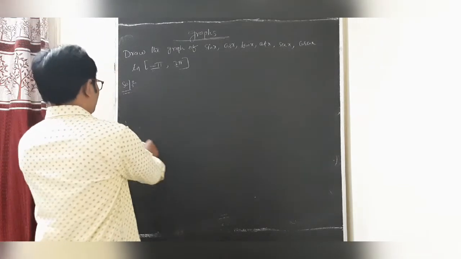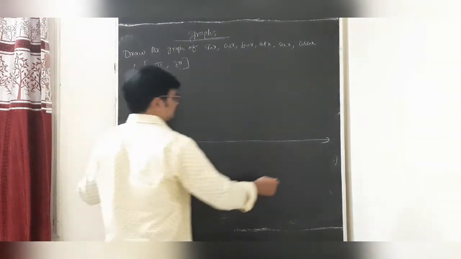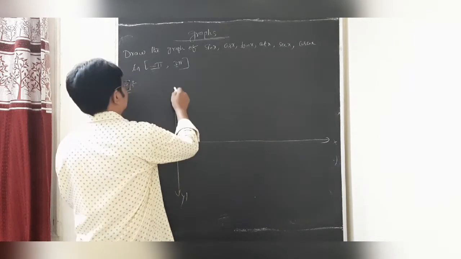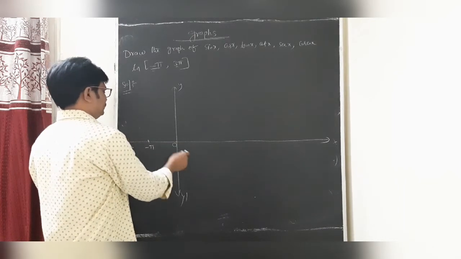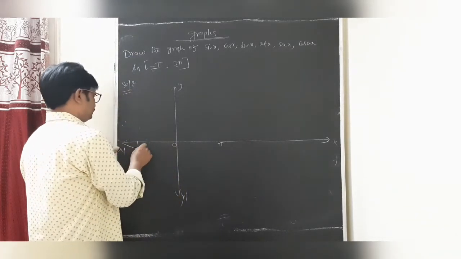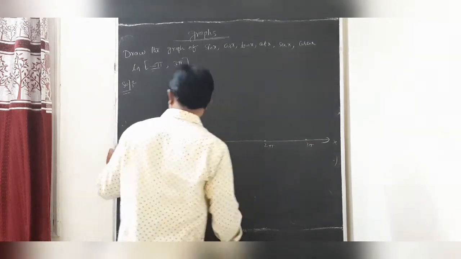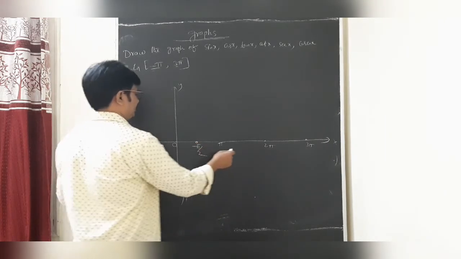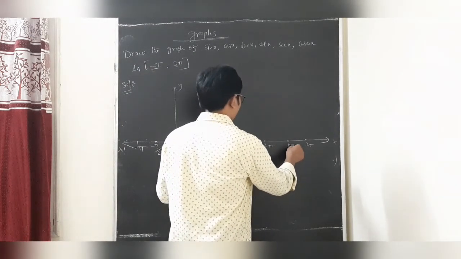Now students, tan x. Dear students, this is minus pi, this is 0, this is pi, this is 2 pi, this is 3 pi. So students, this is minus pi by 2, this is pi by 2, this is 3 pi by 2, this is 5 pi by 2.